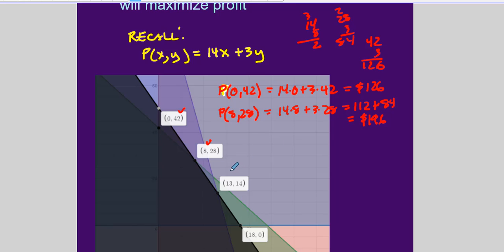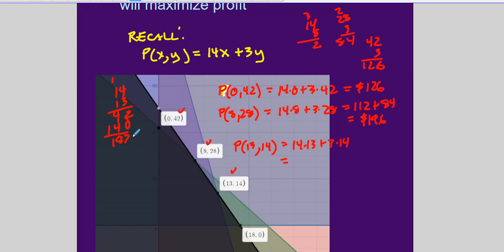So now we've done that. Now we're going to do P of 13, 14, which is 14 times 13 plus 3 times 14. And that's going to equal 14 times 13. 4 times 3 is 12, carry 1, that's 4. 0. 4 times 1 is 4. 1 times 1 is 1.